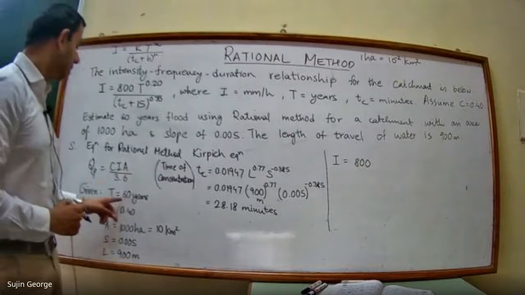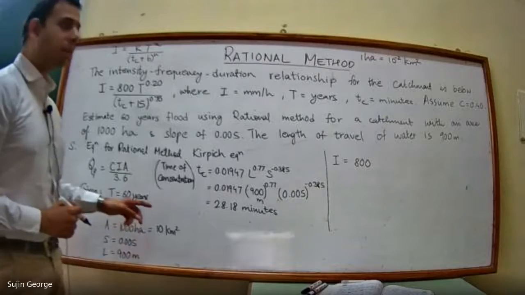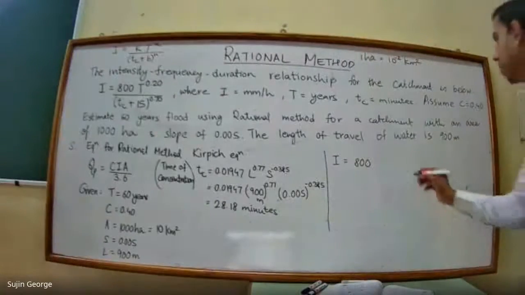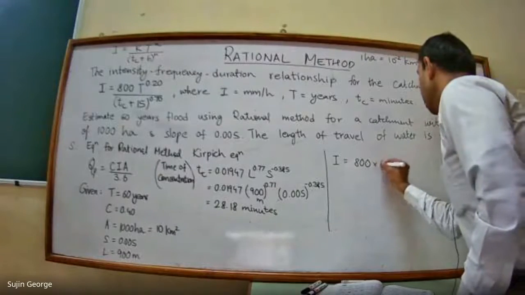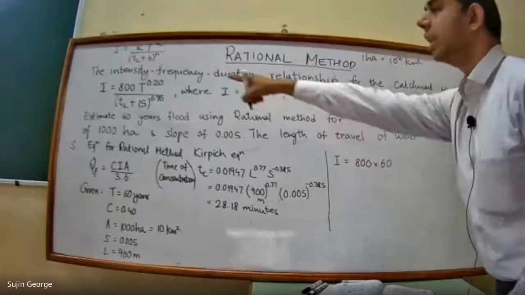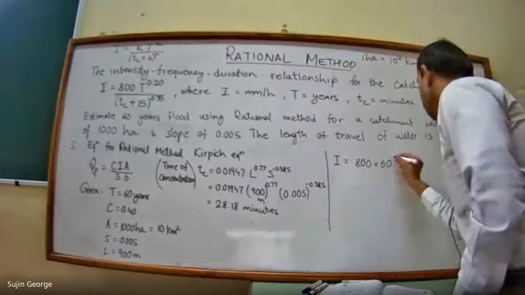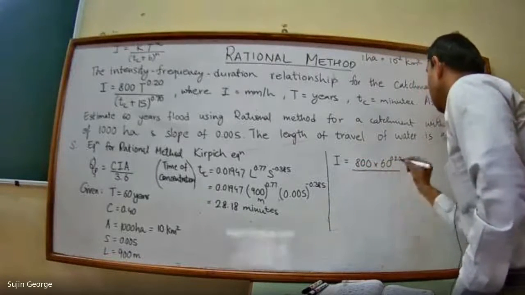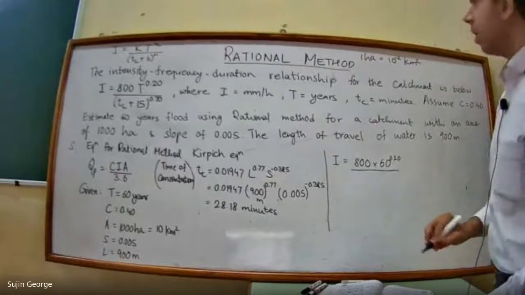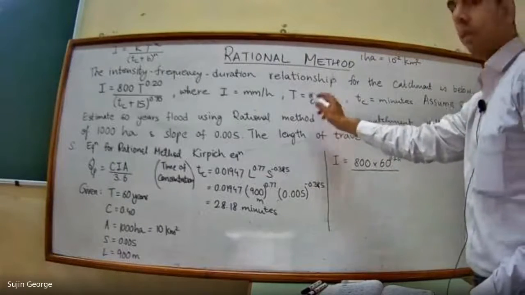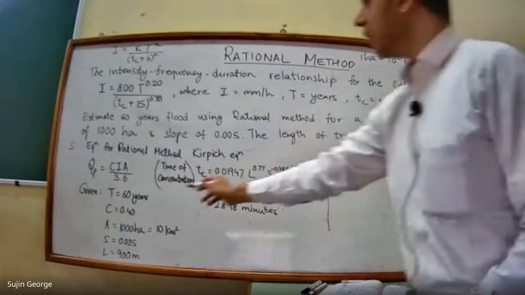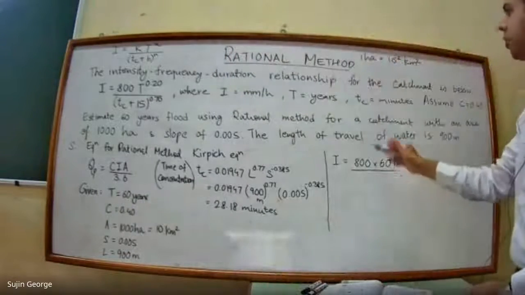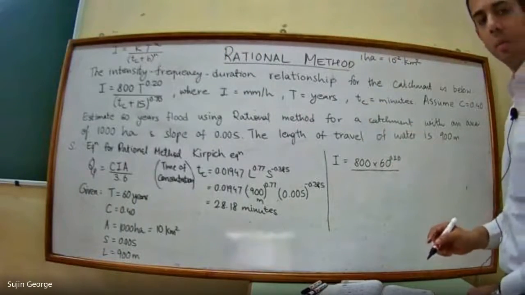So here the return period is given as 60 years, so we will substitute the value here, 60 raised to the power 0.2, because T is given in years. Here also T is given in years, so we can substitute the value of 60 over here.